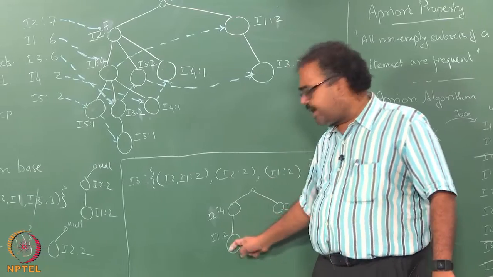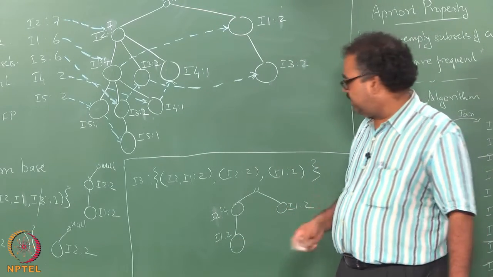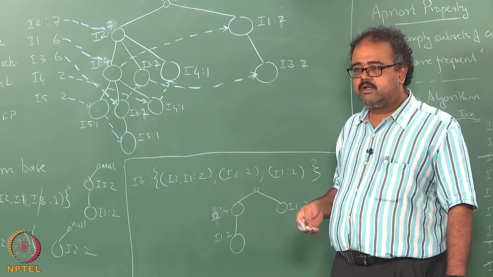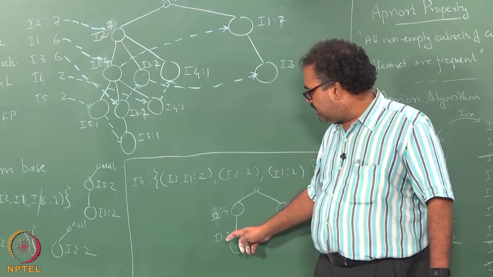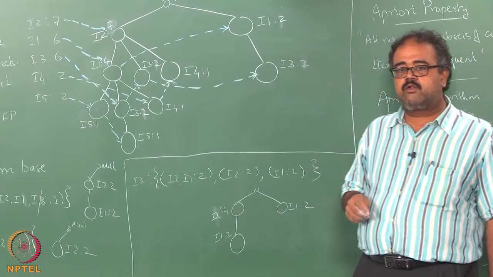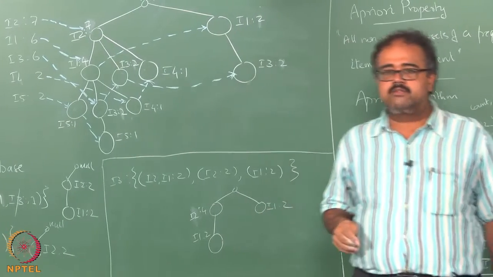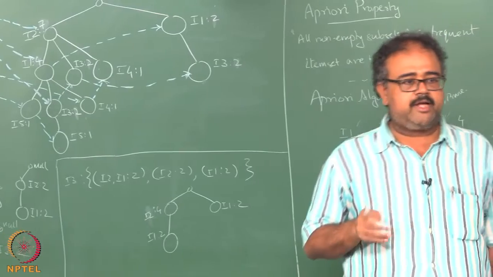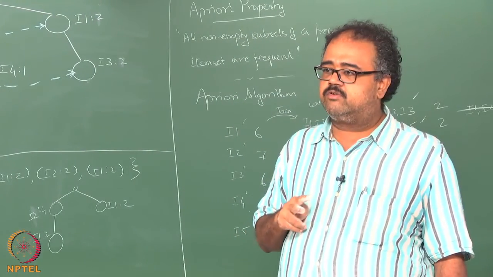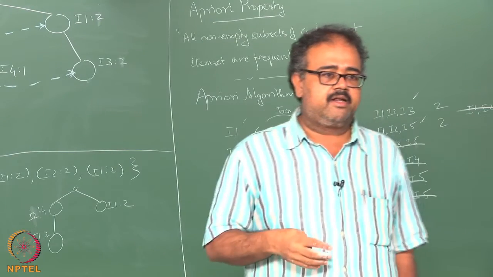So I2, I1, I3 with a frequency of 2, I3, I2 with a frequency of 4, I1, I3 with a frequency of 2 here and 2 here, so I1, I3 has a frequency of 4, I2, I3 has a frequency of 4, I2, I1, I3 has a frequency of 2. I can just read it off the tree.